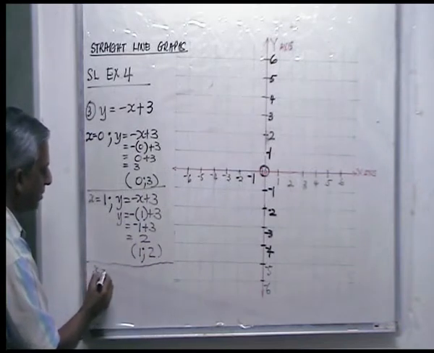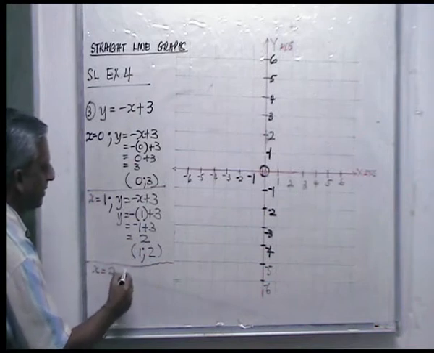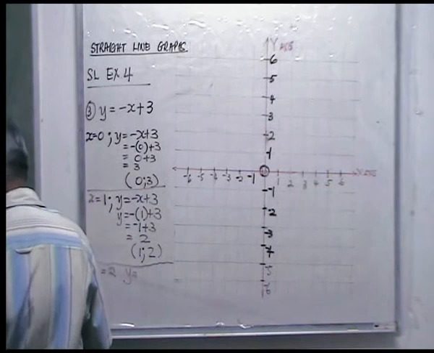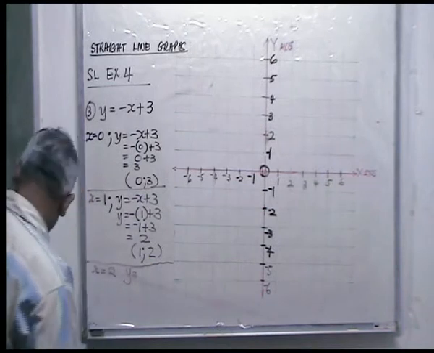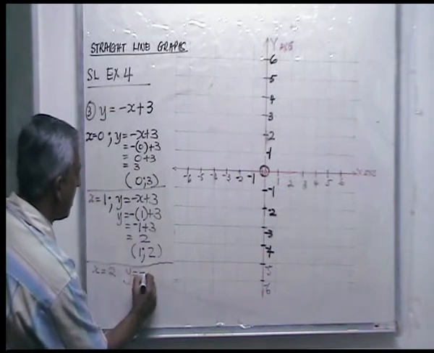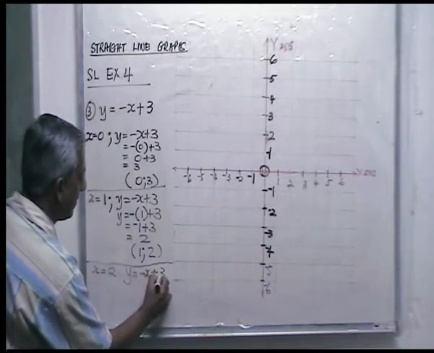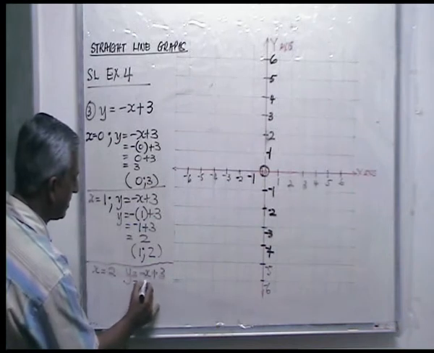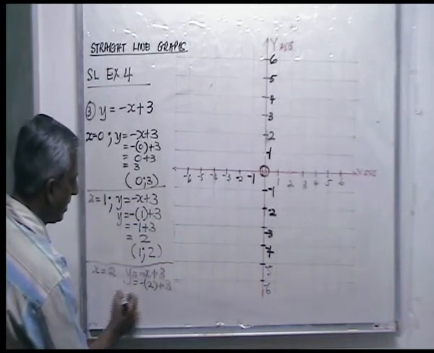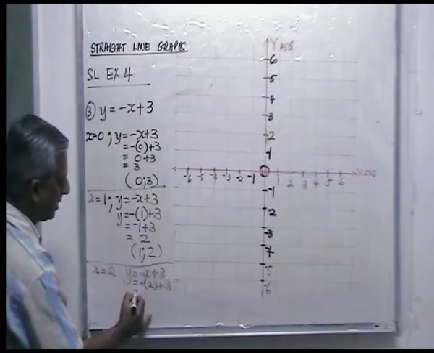And finally, if x is 2, then y is equal to minus x plus 3. That's minus into something plus 3. Now that's x is 2, so we put in 2 there.